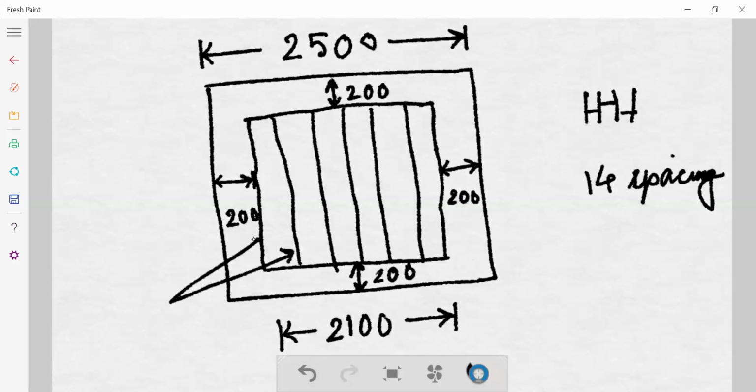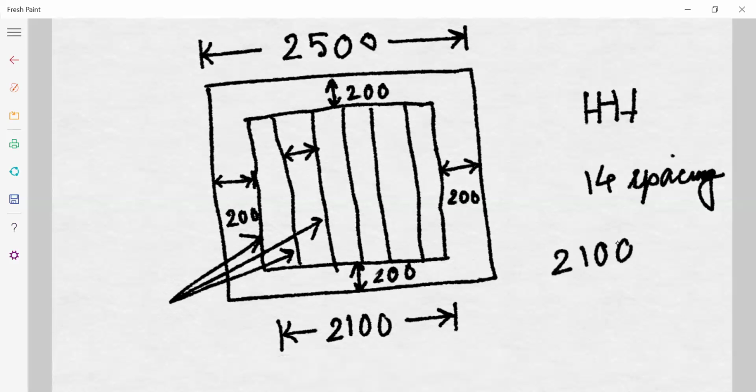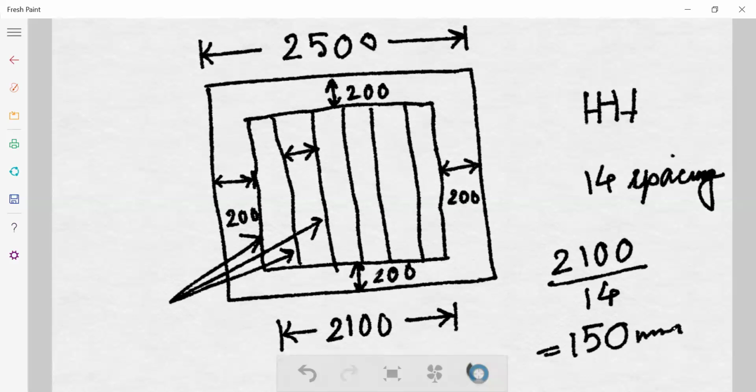If there are 15 bars provided in this manner, then there will be 14 spacings. So each spacing will be equal to 2100 by 14, which becomes 150 mm.